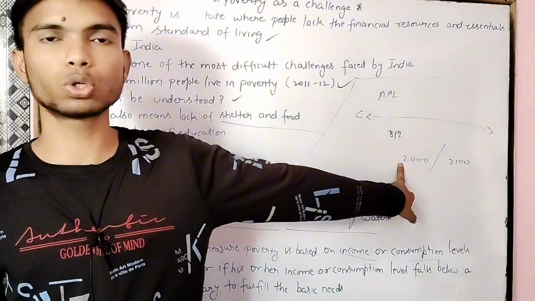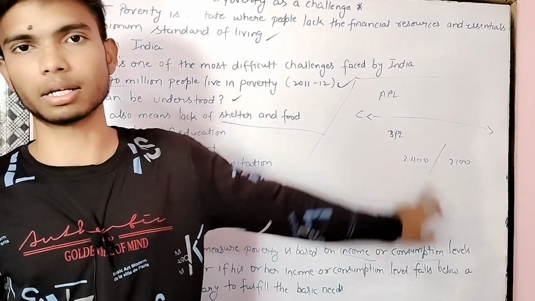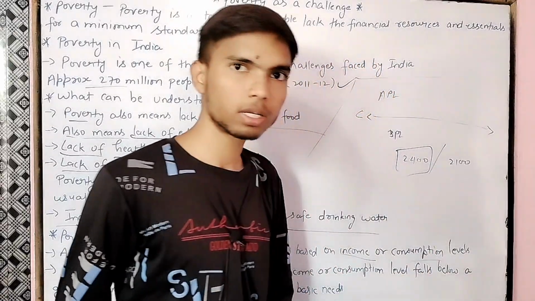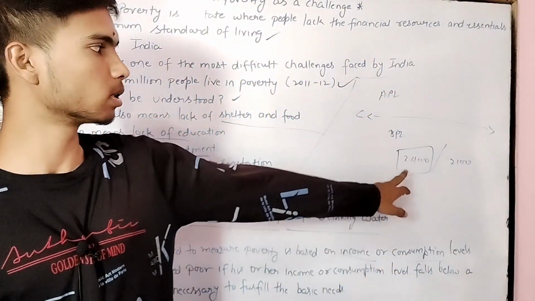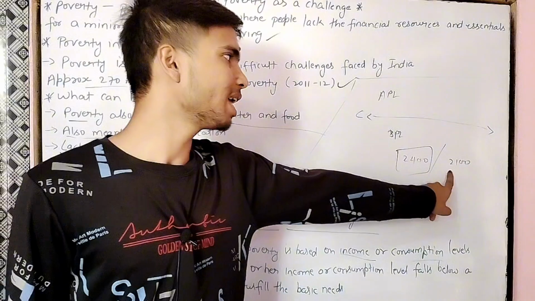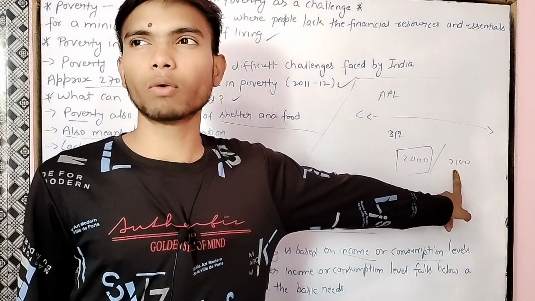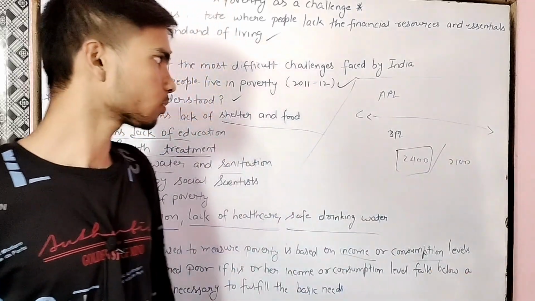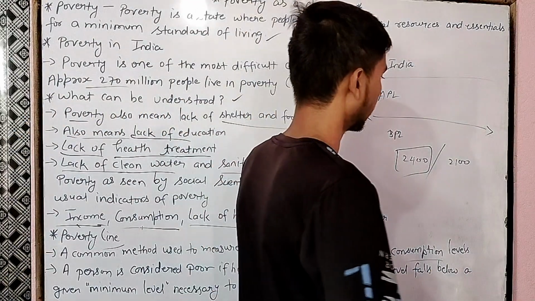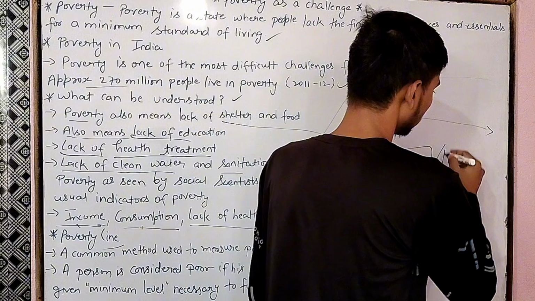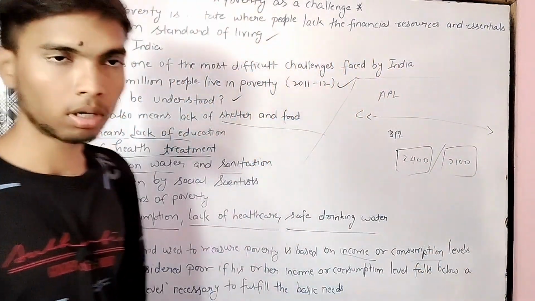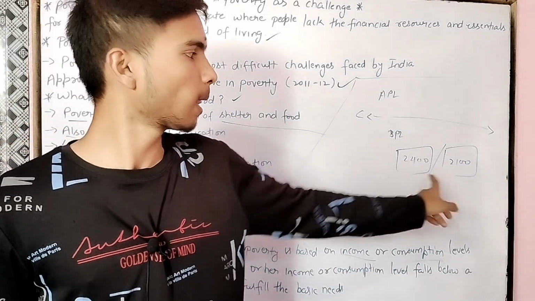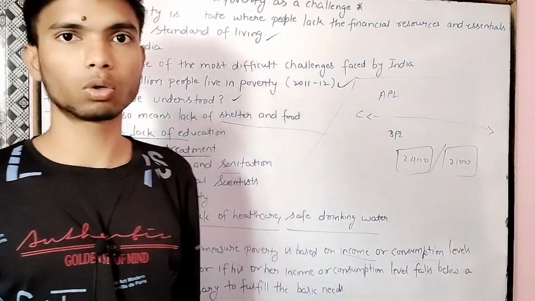So calorie intake will be compulsory for a rural person: how many? 2400. Whereas 2100 will be compulsory for an urban person. So here we are looking at the discrimination between two groups of people, urban people and rural people.